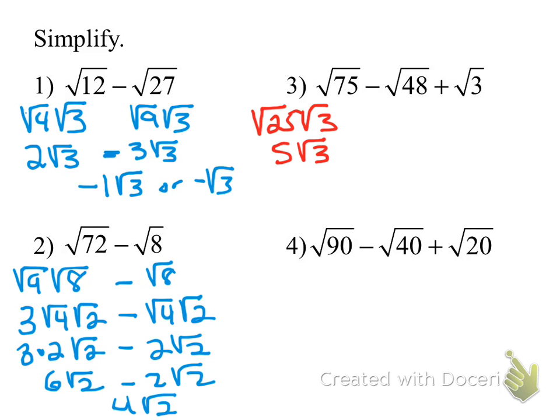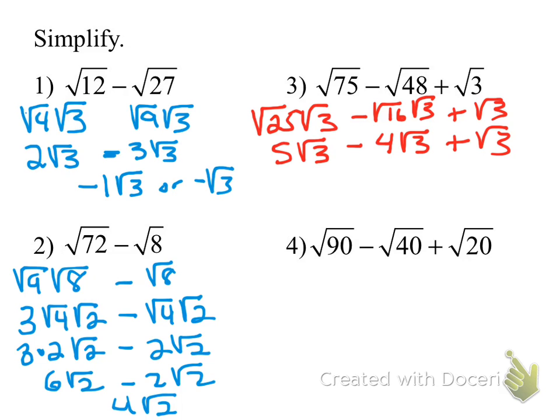Okay. 48 gets broken down. How, Armin? Radical 16 and radical 3. Yep. And that becomes what? 4 radical 3. And then I have a plus radical 3.